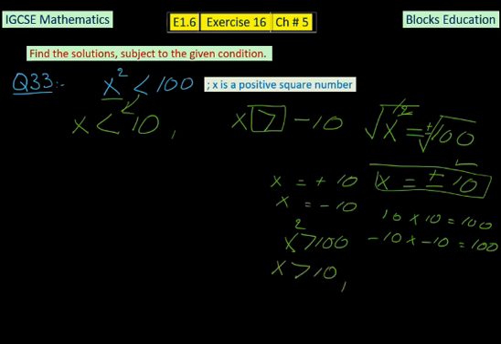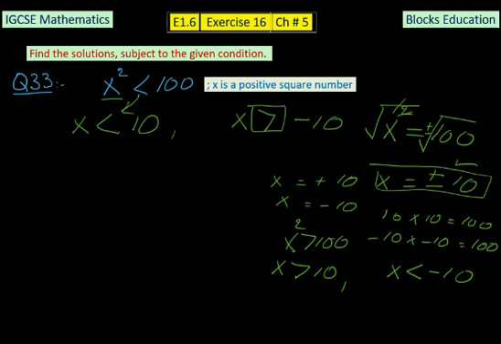The other inequality, because it is greater than, will be less than minus 10. So in the case of x squared less than 100, the one inequality with the plus sign keeps the same sign, less than, but for the minus one you have to invert the sign, so it will be greater than minus 10.